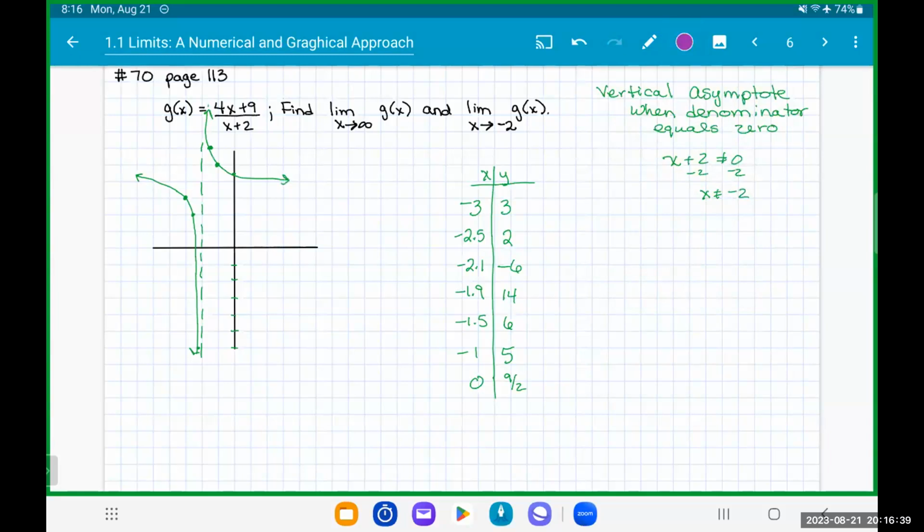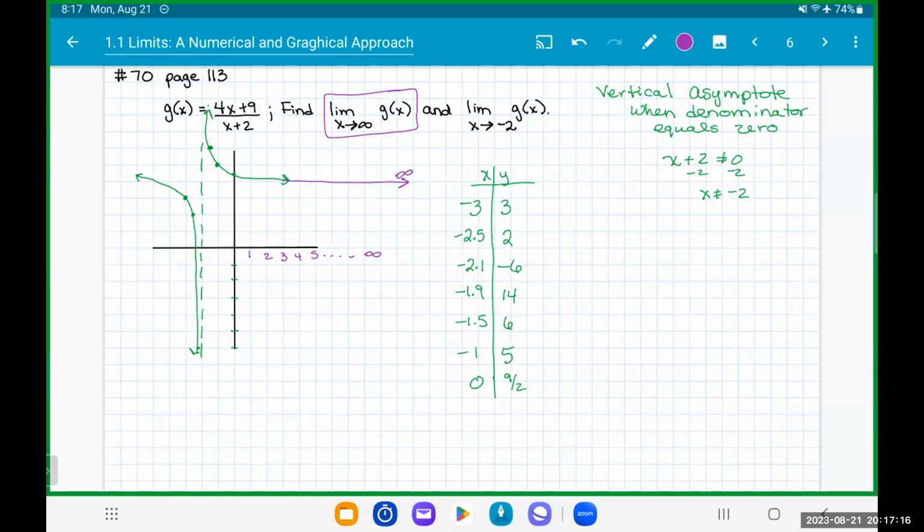Okay. So this problem asked us to find a couple. First, we're going to look at finding the limit as x approaches infinity. Okay, so this is infinity out here, right? So this would be as x approaches infinity, because this right here is 1, 2, 3, 4, 5, all the way out here to infinity. And you can see this graph will just go on and on to infinity as well. Okay.